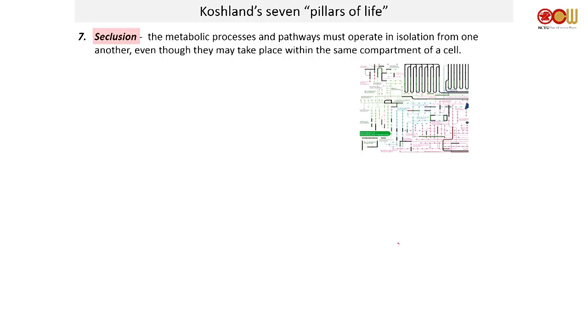Number 7, seclusion. Metabolic processes and pathways must operate in isolation from one another, even though they may take place within the same compartment of the cell. You've got all these weird chemical reactions happening at the same time, and they don't really interfere with each other.